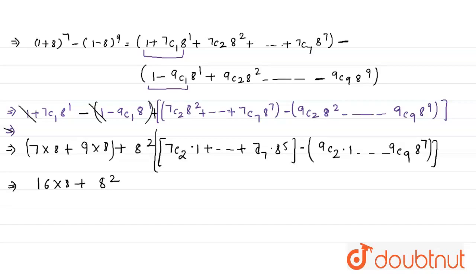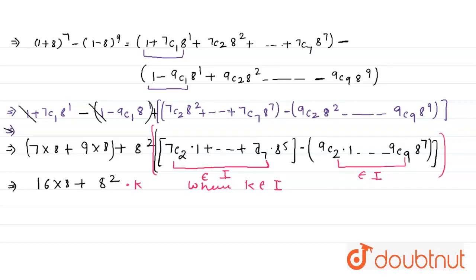Now look at it. Since this will be an integer, if I solve this particular expression and add all the terms, I will get an integer. It means this expression belongs to integers. This expression will also be an integer. So I will assume this complete expression as k, where k is an integer.